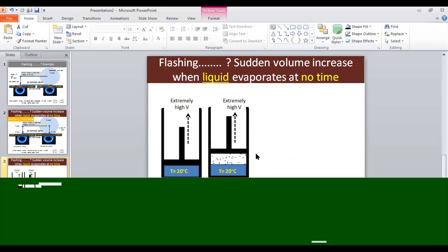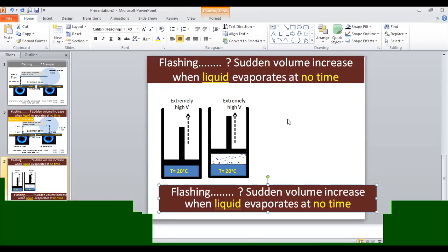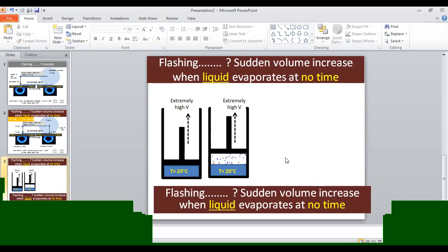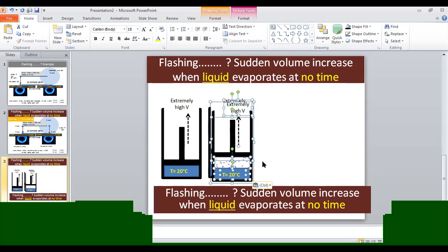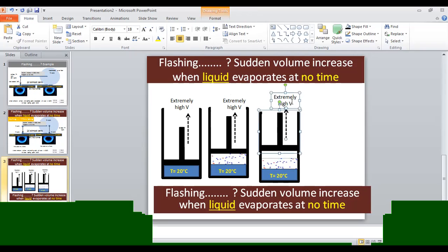So all of a sudden, if this happens, what is this? This is what we call flashing. Move down here. Extremely high velocities, at no time the piston is moving.